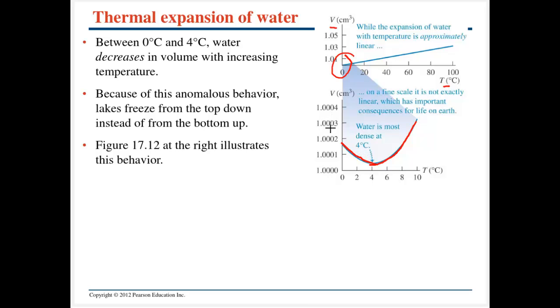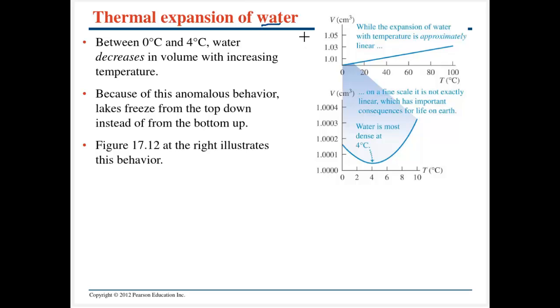Because the volume is increasing, that means the separation between the molecules is getting larger and larger, so the density of water at 0 degrees is going to be lower.